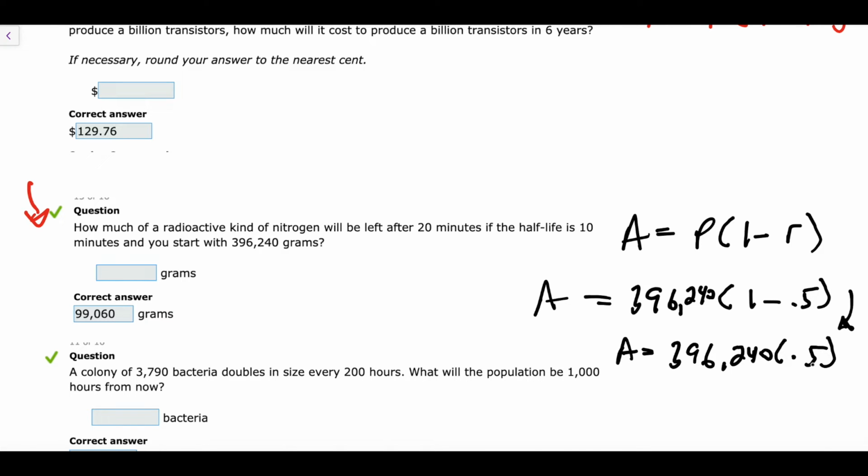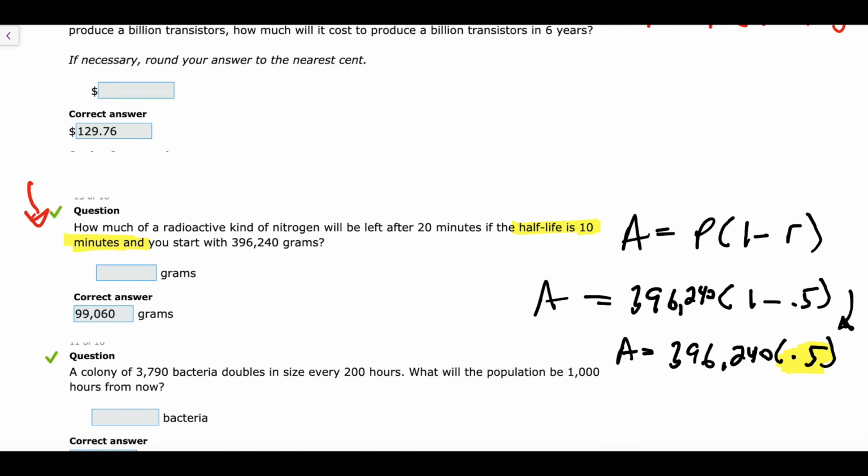This number up here gets kind of tricky in the future, so you have to think about how often you're achieving your half-life. The problem tells us that the half-life is 10 minutes, but they want us to do it for how many minutes? 20. So how many 10 minutes do we have? 2.